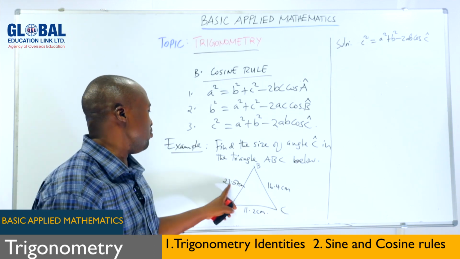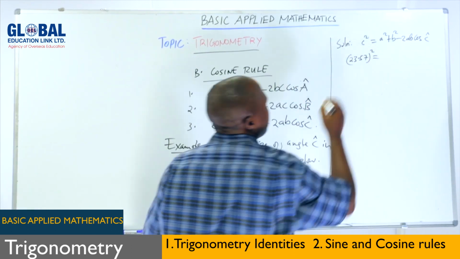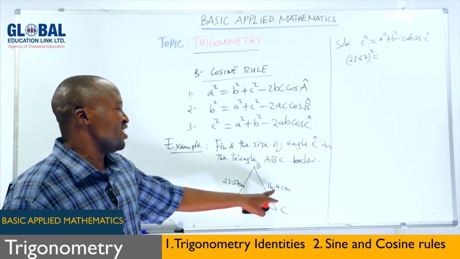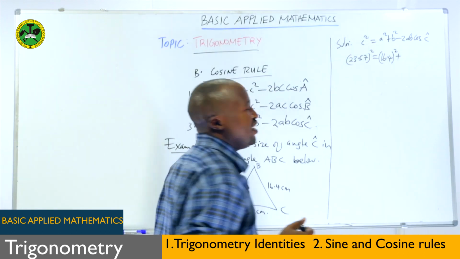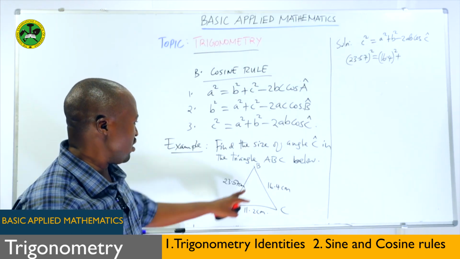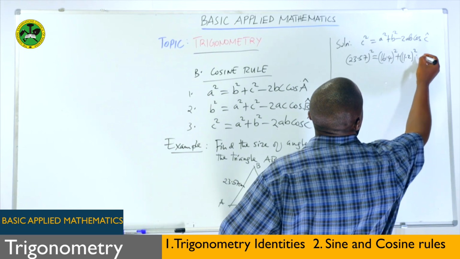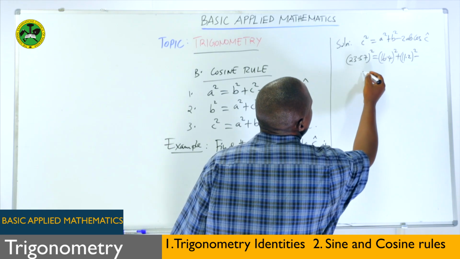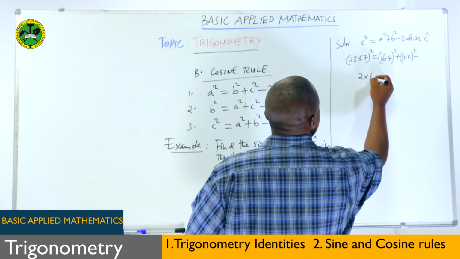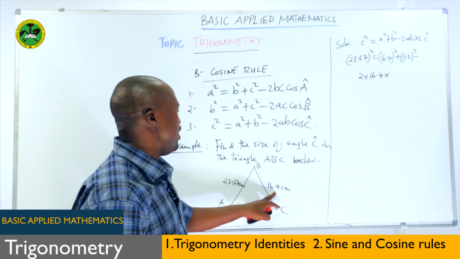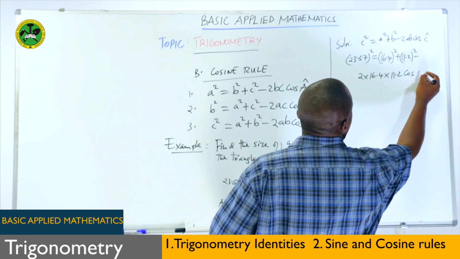So C squared is 23.57 squared, which is equal to A squared, that is 16.4 squared, plus B squared, that is 11.2 squared, minus 2 times A times B, that is 16.4 times 11.2, followed by cos of angle C.